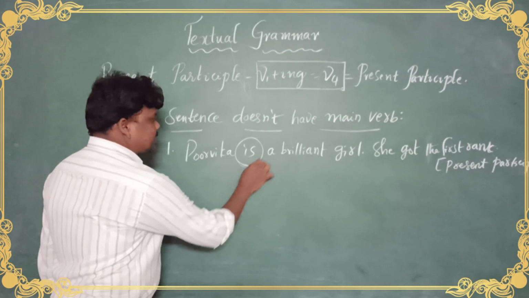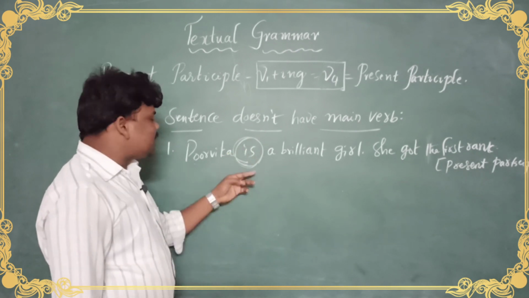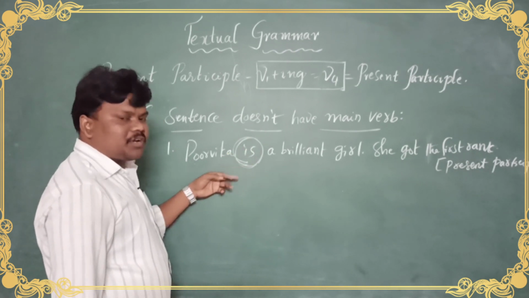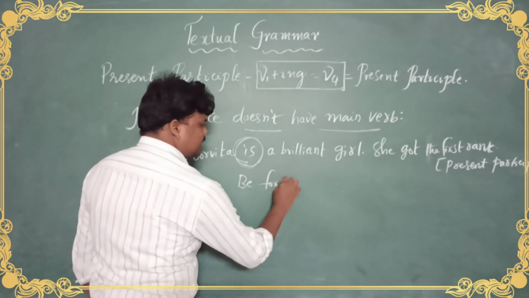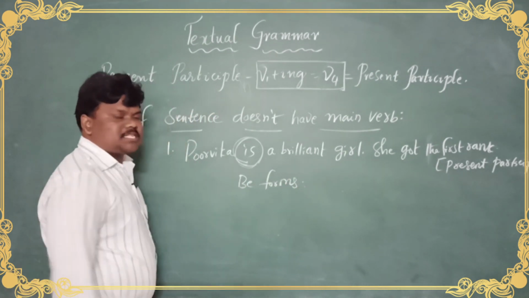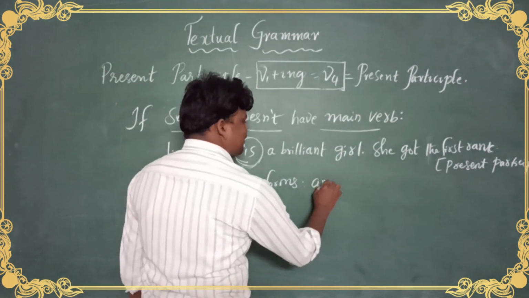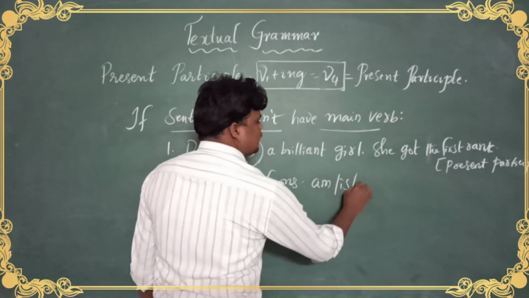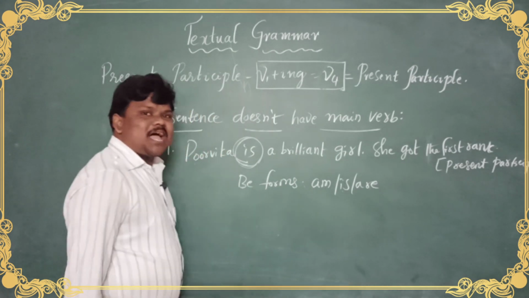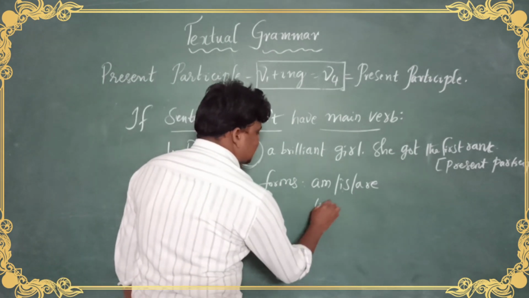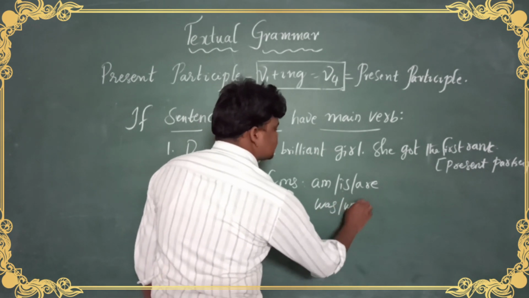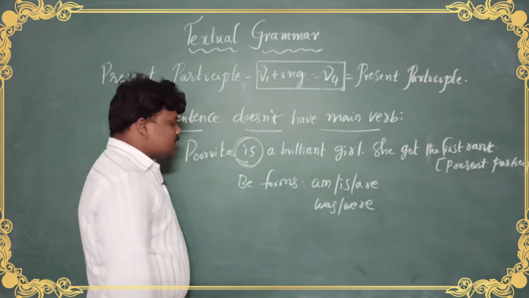So in this kind of cases, try to remember the 5 B forms in English language. There are 5 B forms in English language. They are am, is, are. Am, is, are are present B forms, whereas was, were are past B forms.